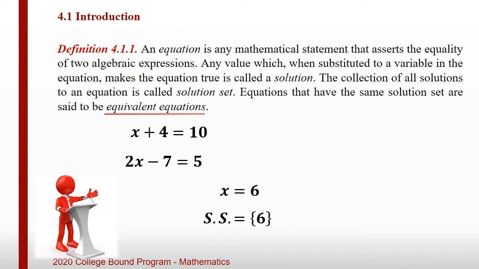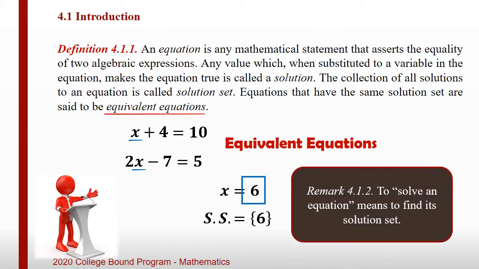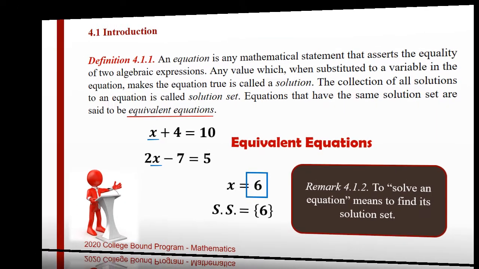Note that when x equals 6, 2 times 6 minus 7 is equal to 5. Thus, 6 is also a solution to this equation. This means that the two have the same solution set, which basically means they are equivalent. Before proceeding, we note that solving equations simply means finding their solution sets.